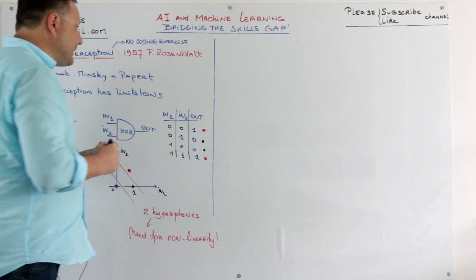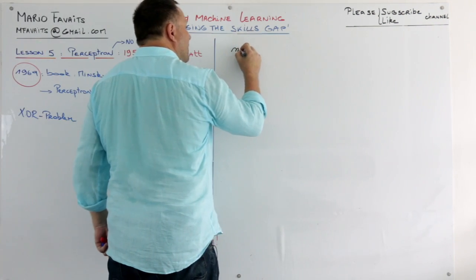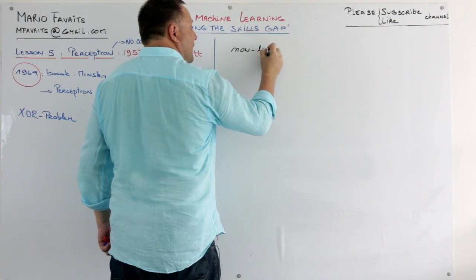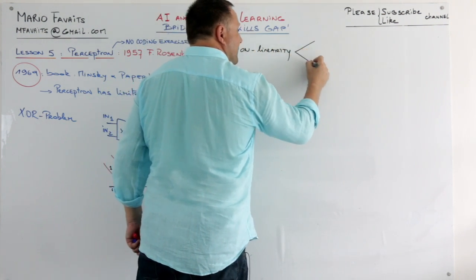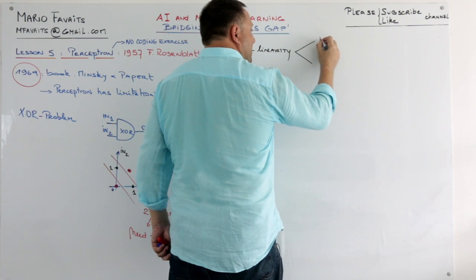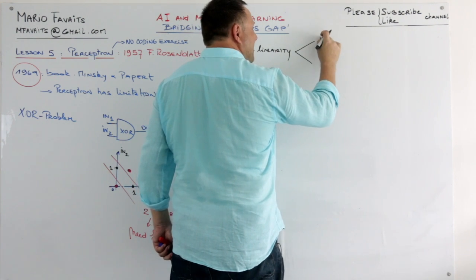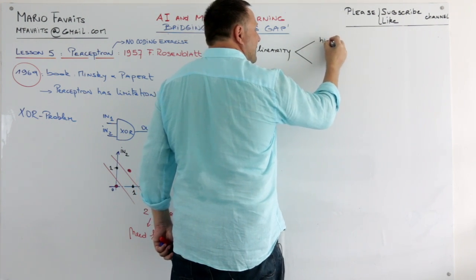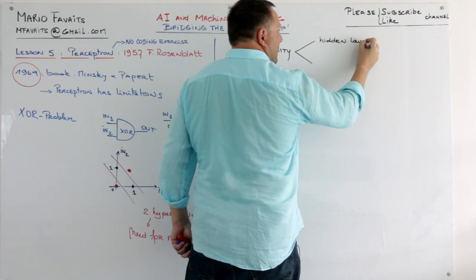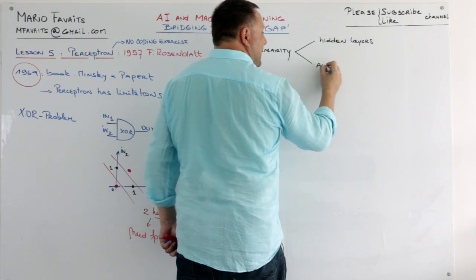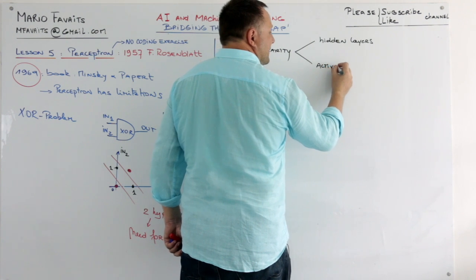So when we talk about non-linearity, we have two options, and we're going to combine them. We're going to look at hidden layers, and we're going to look at activation functions.